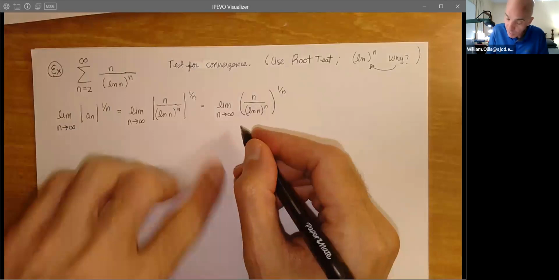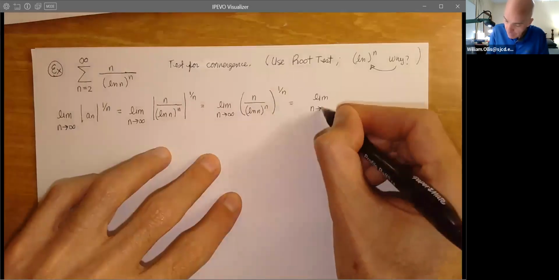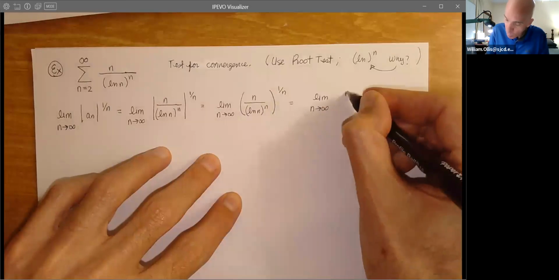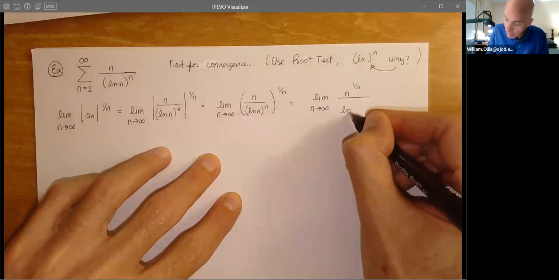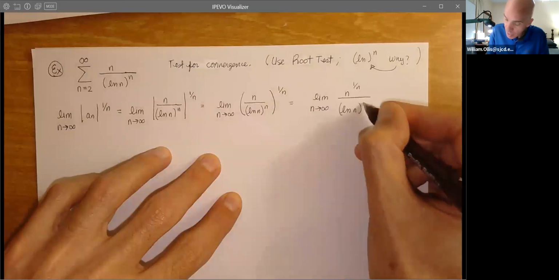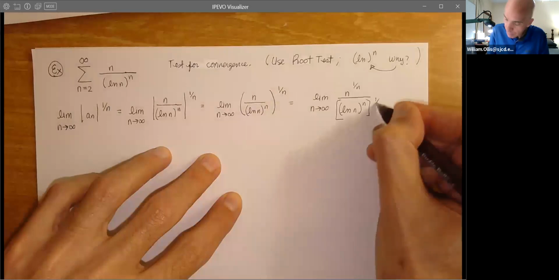Now apply laws of exponents. So we get n to the 1 over n. And now we have the natural log of n raised to the n power raised to the 1 over n.